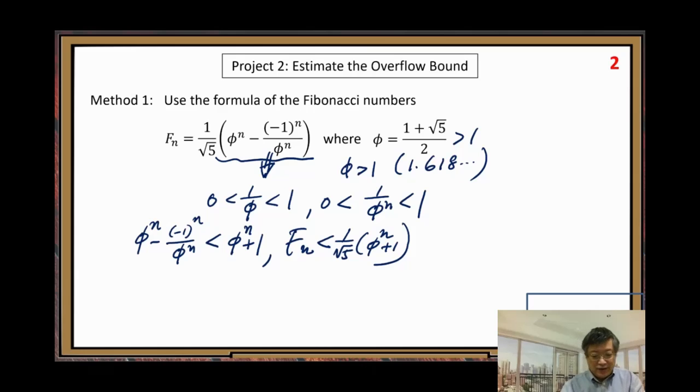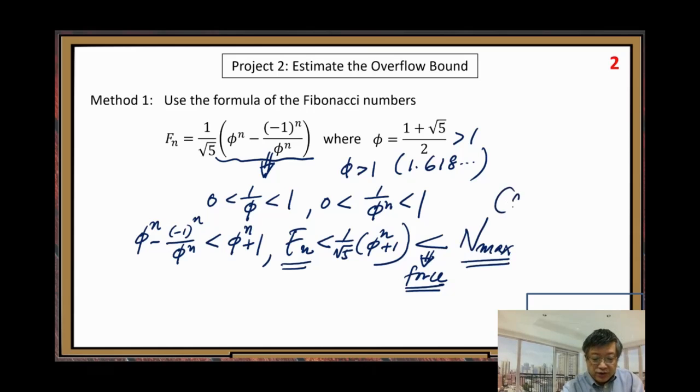Now, set up the inequality. We enlarge the Fibonacci number representation a little bit. After we enlarge it, we force this inequality to be less than capital N sub max, the one we used from the previous page.